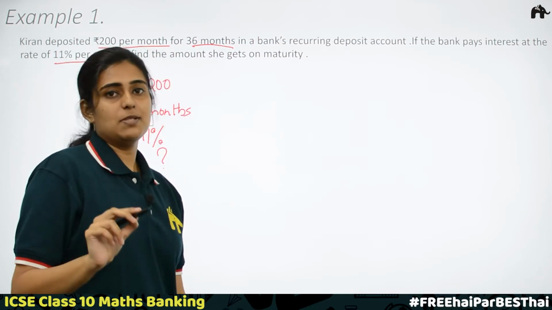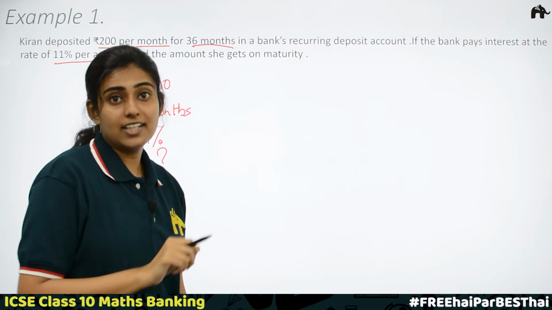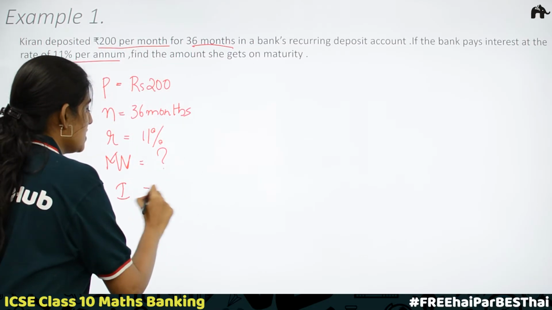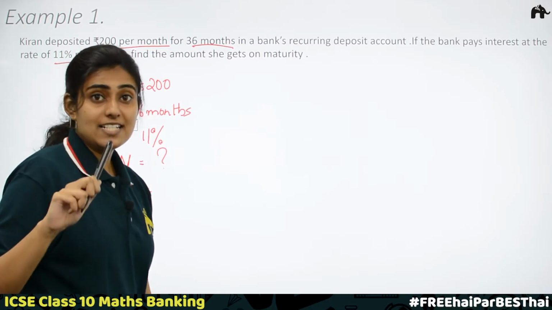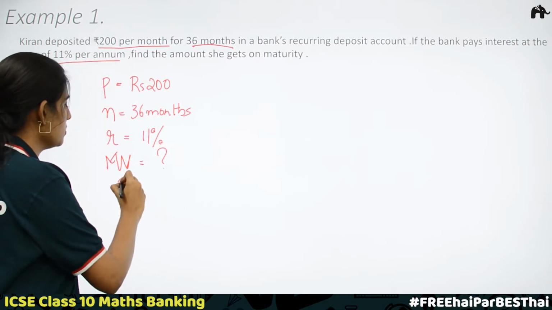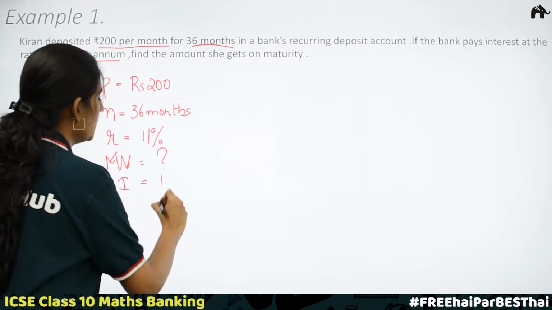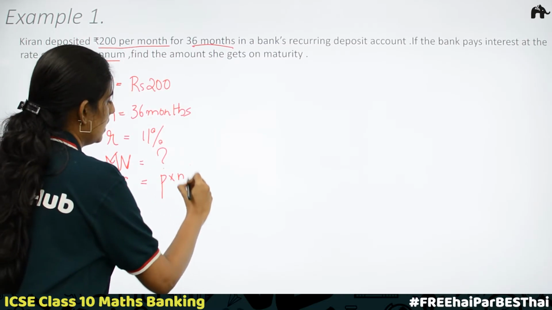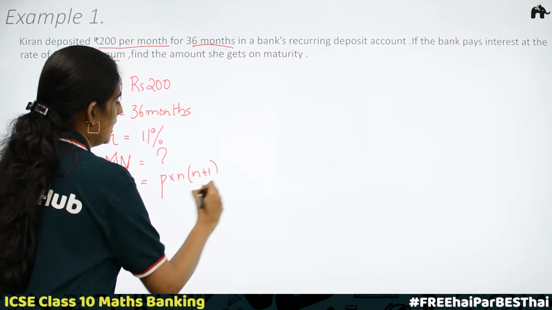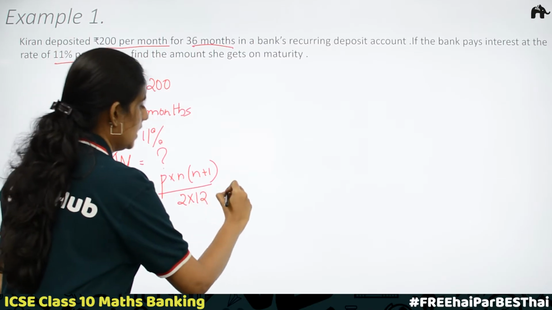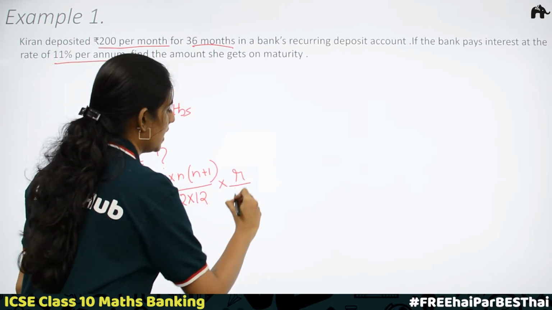In order to determine the maturity value, first we need to find the interest amount. We have a formula that we memorized to find interest. Interest I is equal to P into (n plus 1) divided by 2 into 12 into R divided by 100.